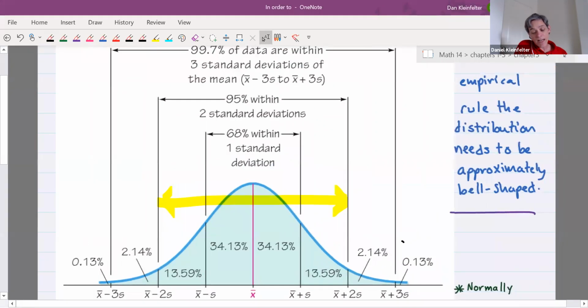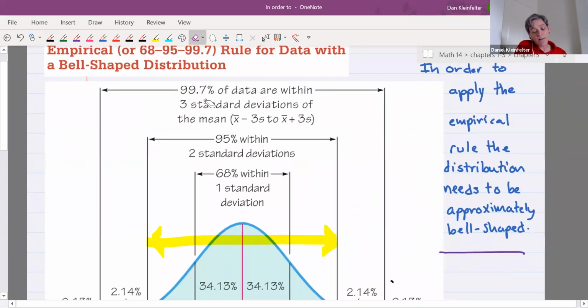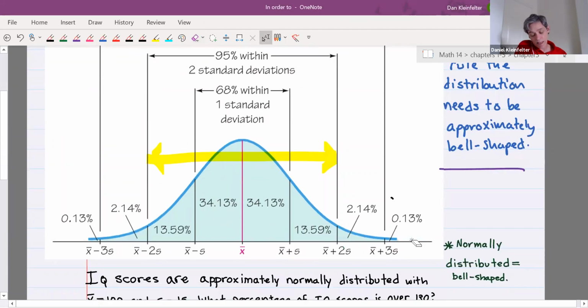Okay, if 99.7% of the data is within three standard deviations of the mean, then 0.3% would be in the two tails. If you take 0.13% plus 0.13% and add them up, you get 0.26%, right?